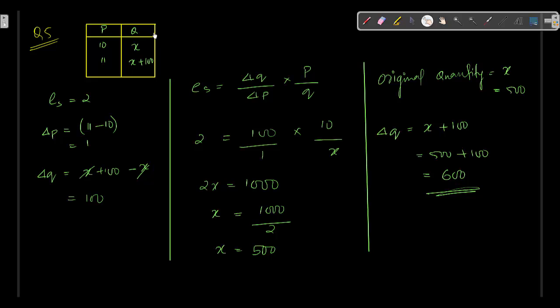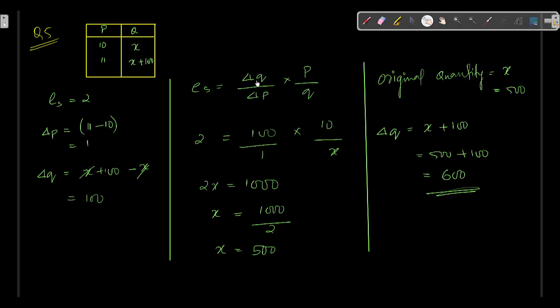If it rises, then you can add, right? So X plus 100. Now let's write down whatever is given. ES is equal to 2. It's already given in the question. Delta P, that is change in price, 11 minus 10 is 1. Delta Q, that is X plus 100 minus X. So plus minus X again, so we have 100 here.